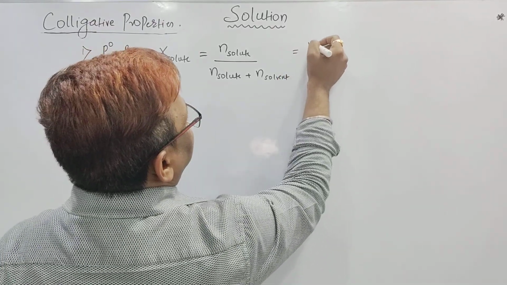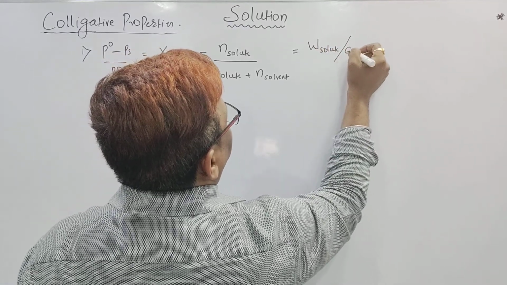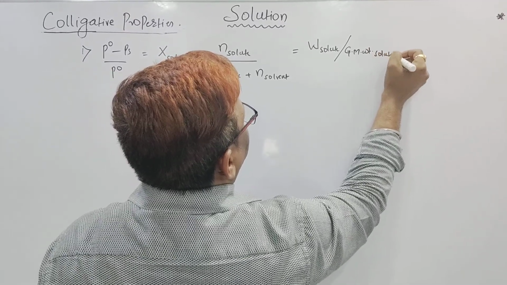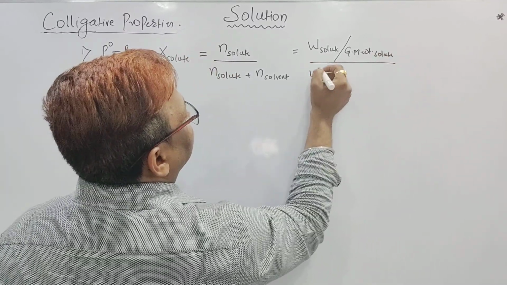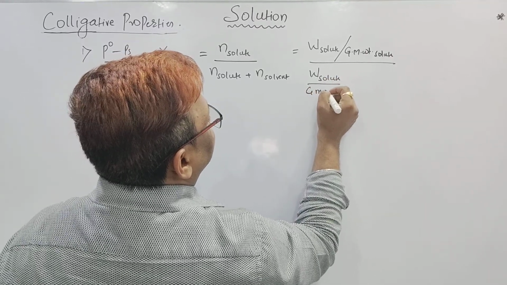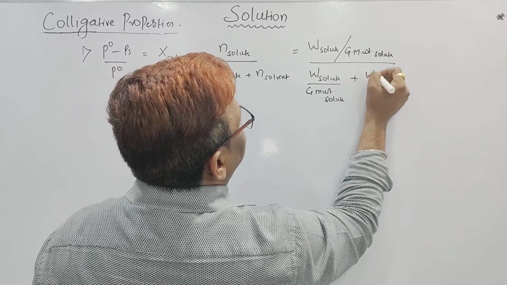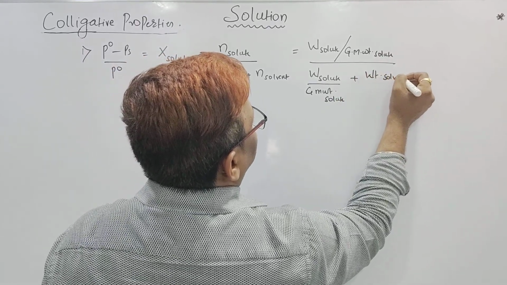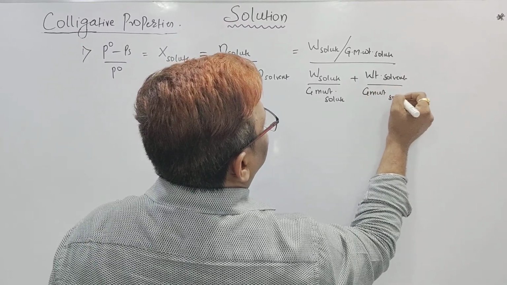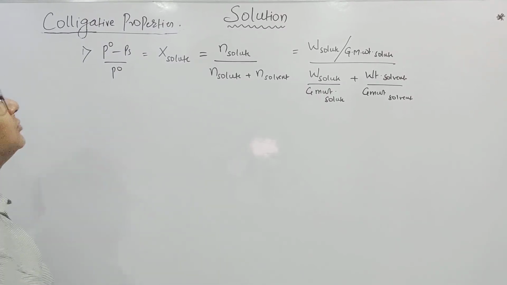So can we say it is the weight of solute by gram molecular weight of solute, divided by the weight of solute by gram molecular weight of solute plus, beta, the weight of solvent by gram molecular weight of solvent. Substitute the values, and we are able to get the mole fraction of solute.